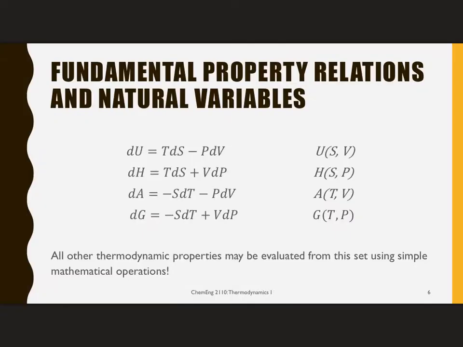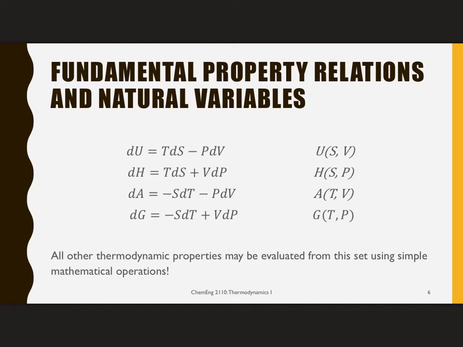First, let me remind you of what we had done in the previous video. We had developed the 4 fundamental property relations, and from those we could determine the natural variables of each of these energy functions.